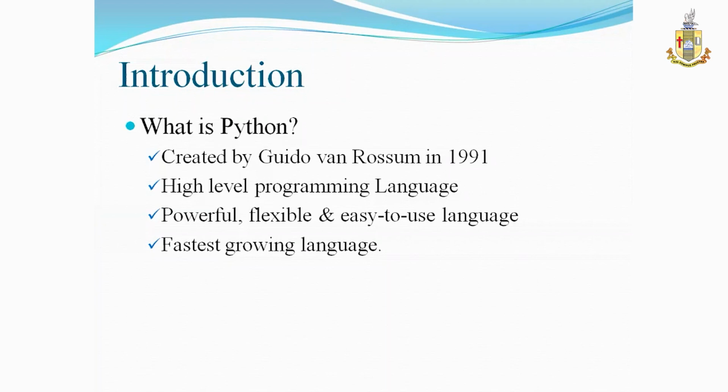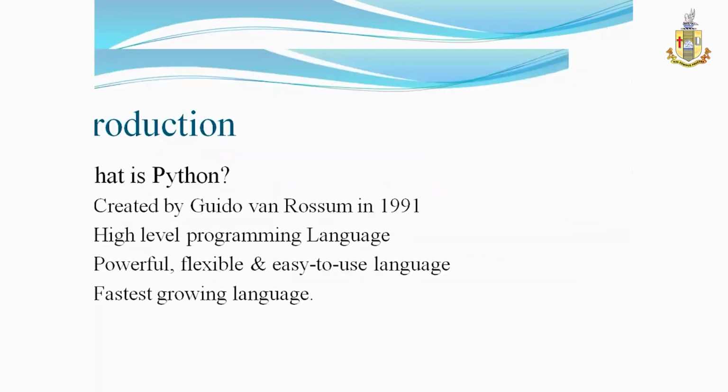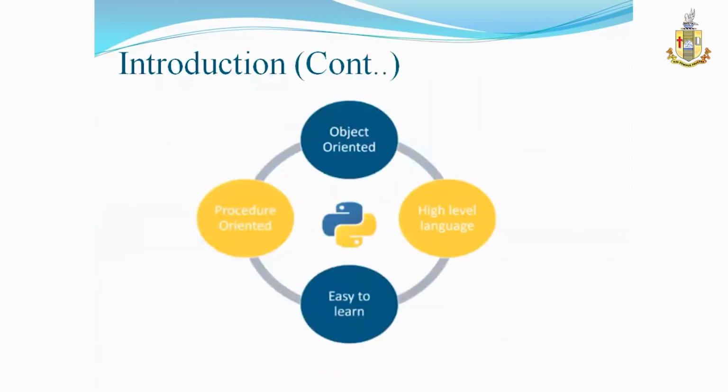So, it is a powerful, flexible, and easy to use language. Anyone from any stream can easily learn and start developing their code in Python, and it is the fastest growing language too. So here are some of its features.